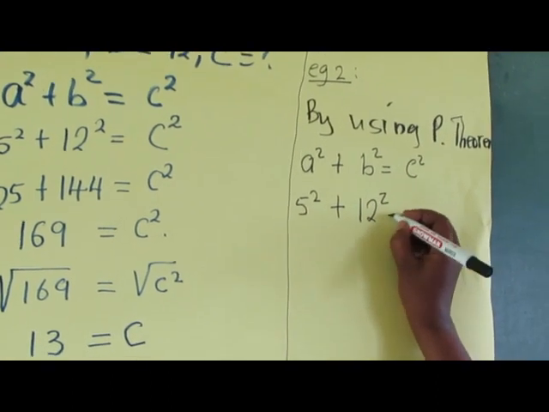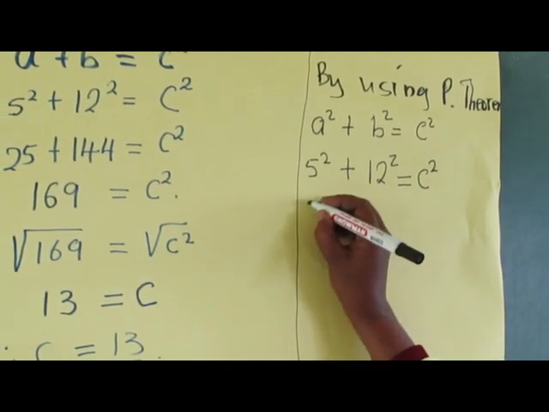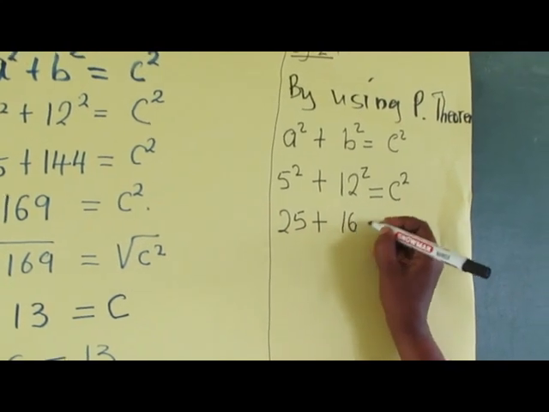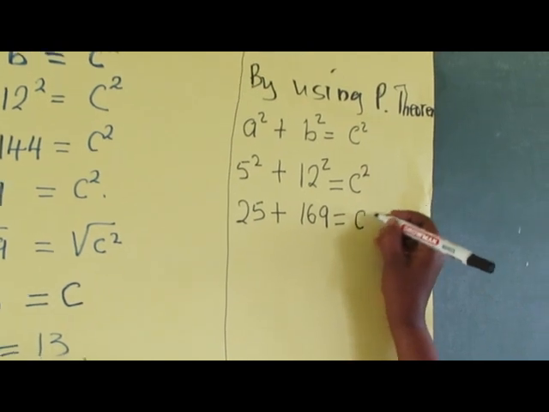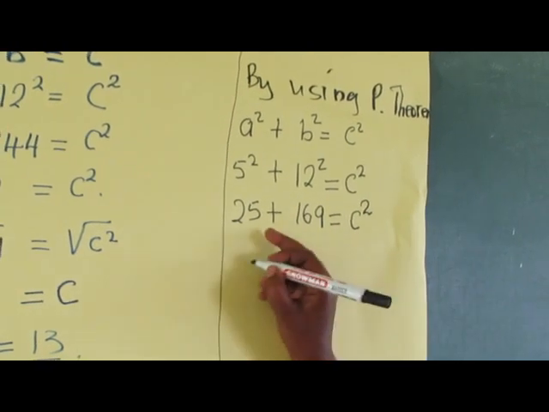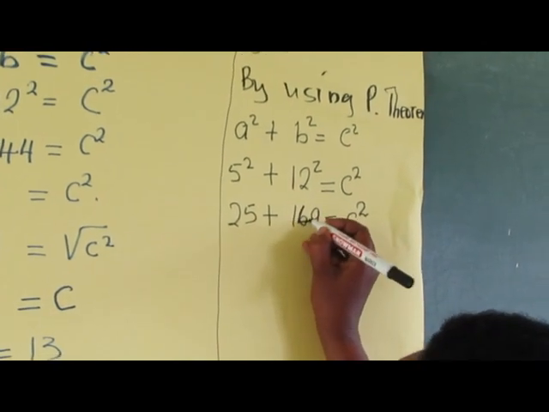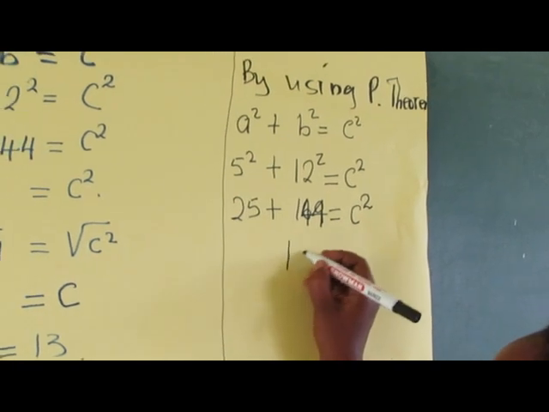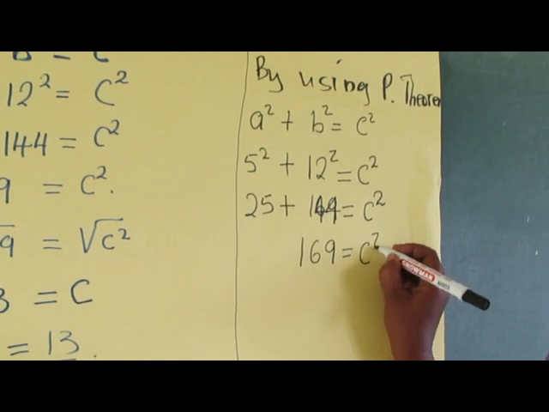What is the length of the diagonal? We don't know. This is 25 plus 12 squared, which is 144. When you add this, the sum is 169, which is equal to c squared.